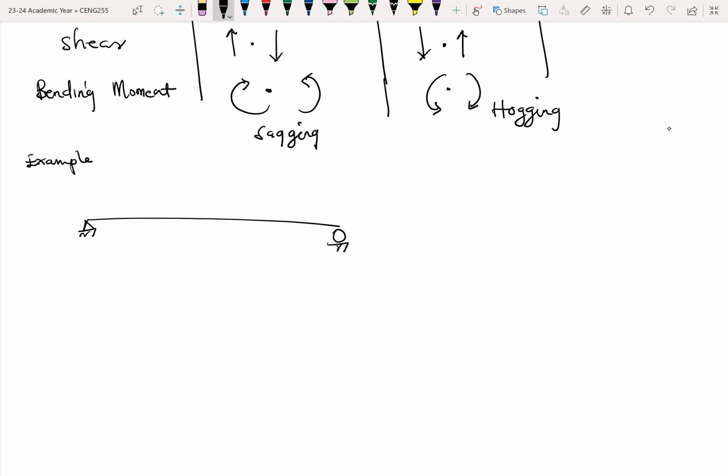So this is a simply supported beam. I'm pretty sure you know what beams are. We know types of loading. Some are simply supported, some are cantilever beams, some are overhang, some are propped cantilever. All these you should have some information on.